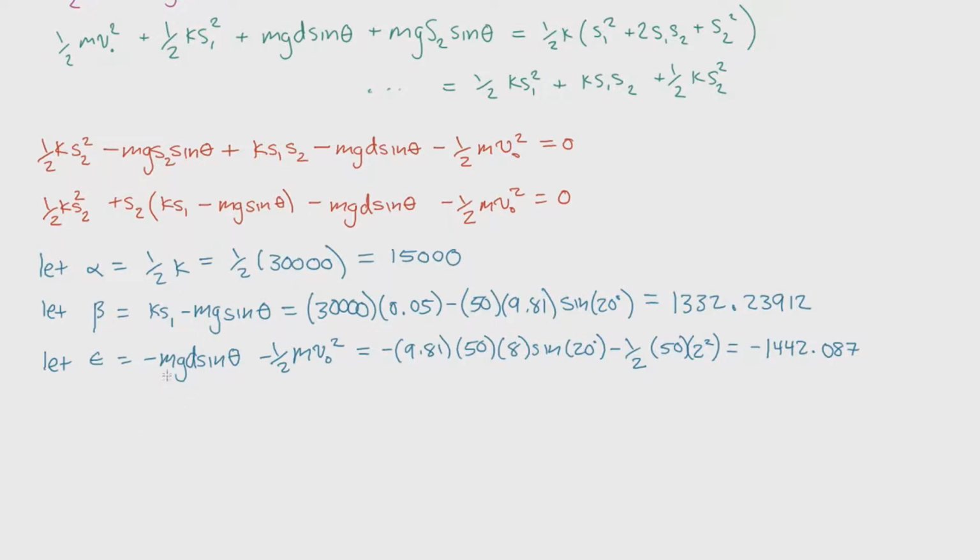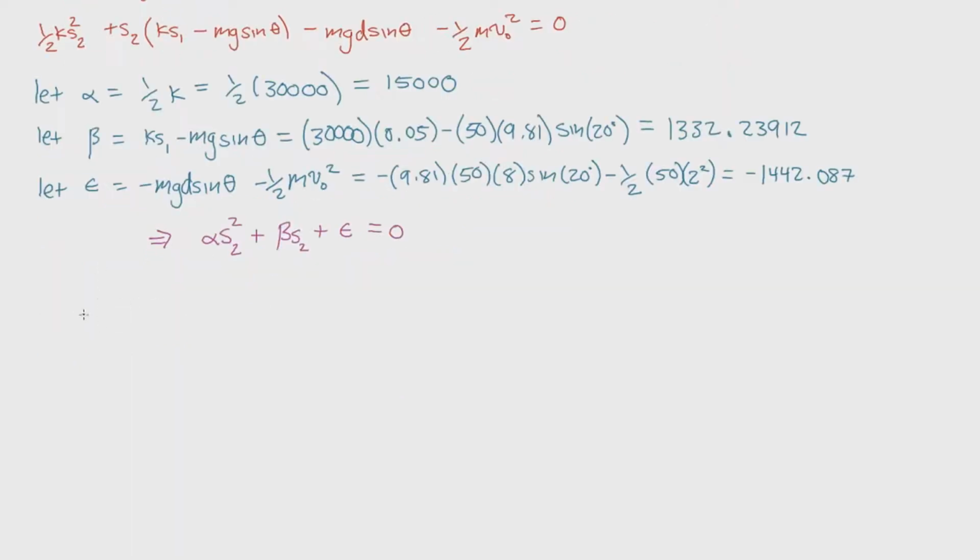So we could actually rewrite this equation now in terms of these constants. So we can say that this is going to equal alpha s2 squared plus beta s2 plus epsilon, and that's going to equal 0. So now we could actually use the quadratic formula to solve this problem.